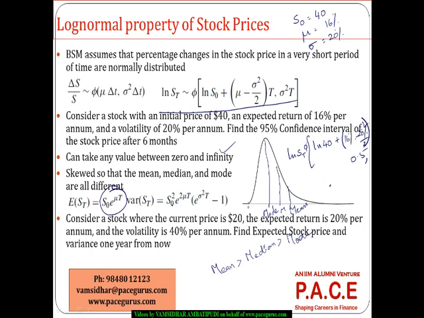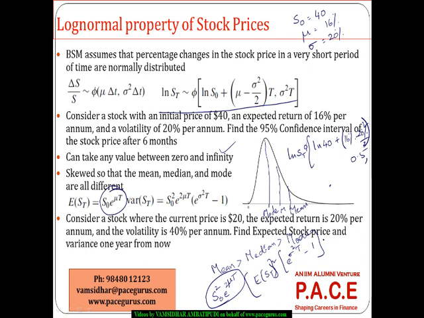the mean is S0 e power mu t. Take the square of it, S0 squared e power 2 mu t. So this is actually the expectation of ST squared times (e power sigma squared t minus 1).